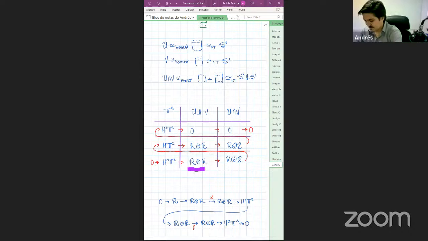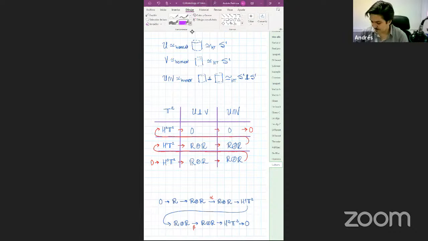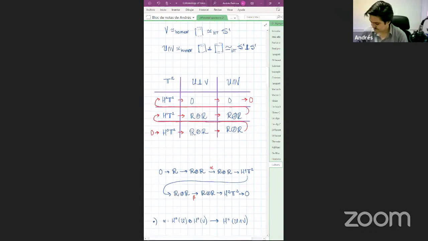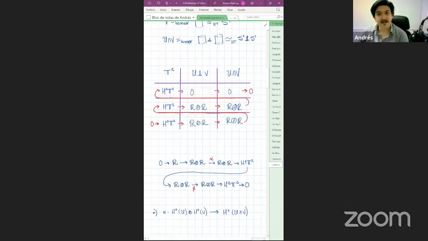So we will understand alpha, and a similar argument will lead us to understand the map beta. Right, so let's do that now. That's the map alpha.